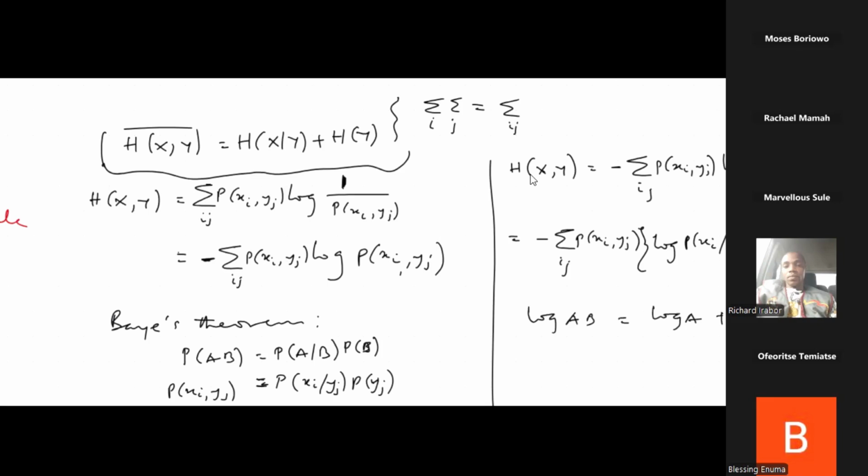Now we applied the Bayes theorem to invoke this into this expression, so we literally replace this by this, right? And then we apply the laws of logarithm here, because log AB is the same as log A plus log B. So it means this equivocation plus the log, now this is log too, right?